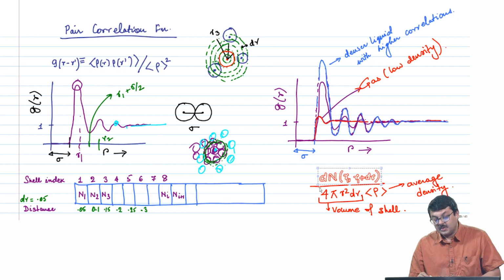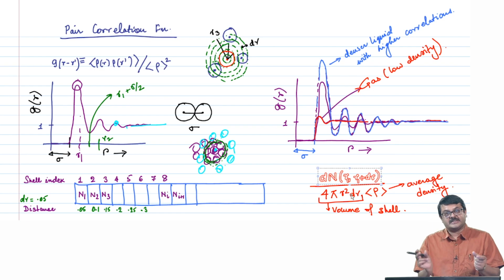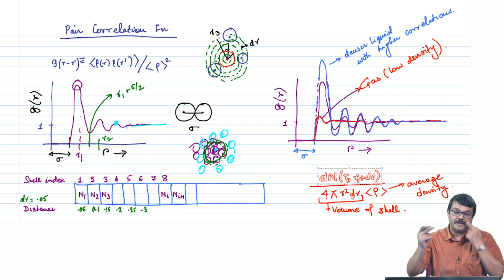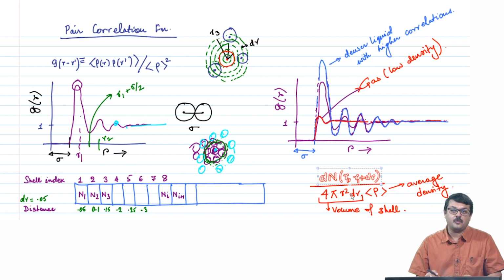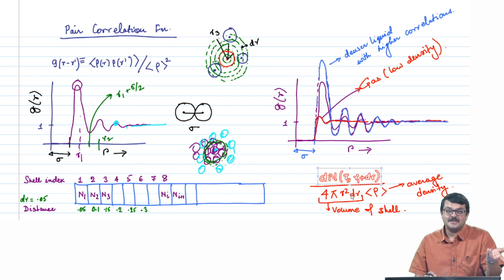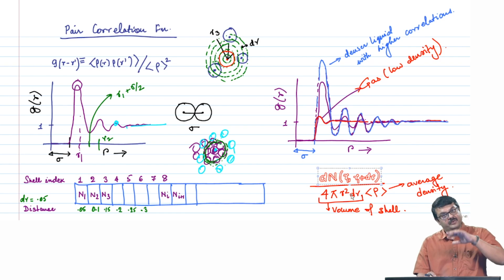Then you divide it by the volume of the shell, because as you go farther and farther away, though your dr remains the same, the volume of the shell is 4 pi r square dr. So, if you are going to larger distances, when r is large, 4 pi r square, basically the volume of the shell increases, right. And if you have a large volume of a shell, then you are likely to have a larger number of particles as well within that volume.